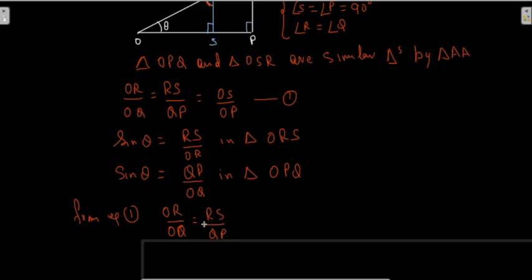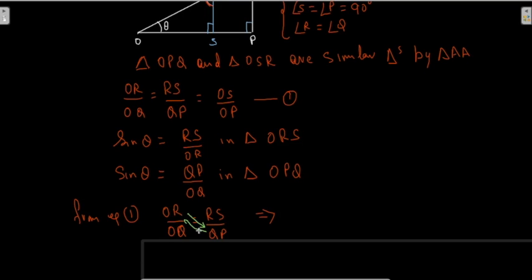Now we cross multiply, which means we take QP here and bring OR here.